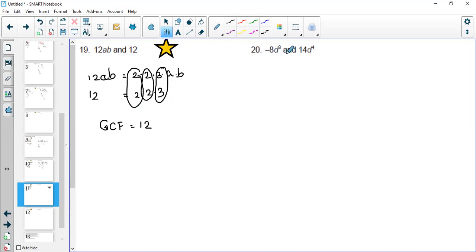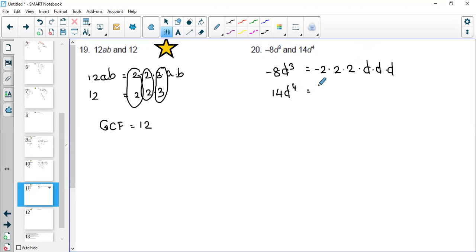Okay, now here we have a negative number, which means negative 8d to the power of 3 and 14d to the power of 4. So negative 8 means definitely, like, any one number has to be negative, right? So let me keep it as this, multiplied by d, multiplied by d, multiplied by d.